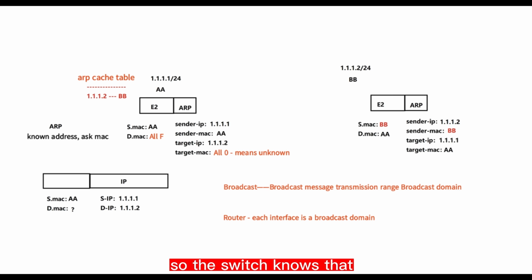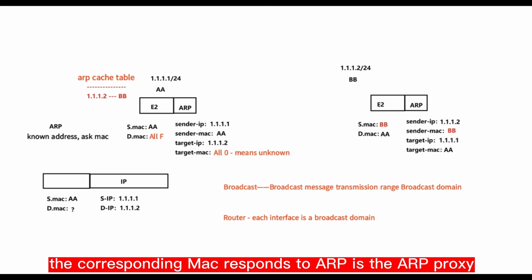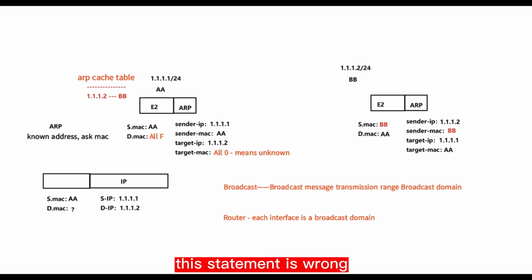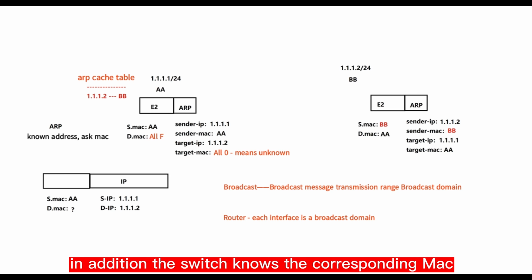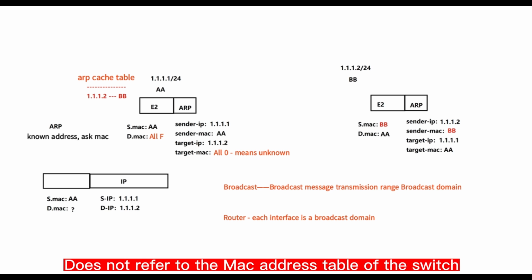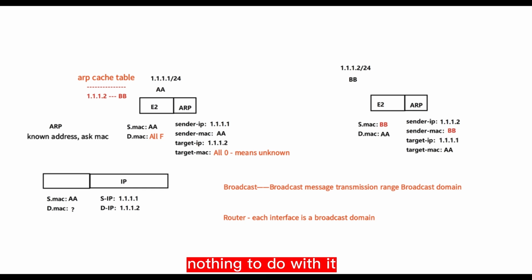So the statement that the switch knows the corresponding MAC and responds to ARP is the ARP proxy is wrong. In addition, the switch knowing the corresponding MAC does not refer to the MAC address table of the switch; it has nothing to do with it.